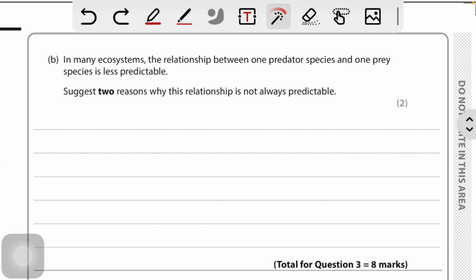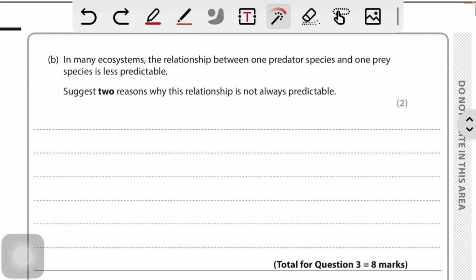In many ecosystems, the relationship between one predator species and one prey species is less predictable. Give two reasons why this relationship is not always predictable. It is not always predictable because a predator can have more than one prey. The prey are influenced by their food source or other types of predators.